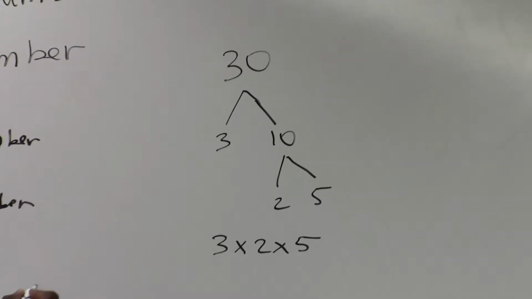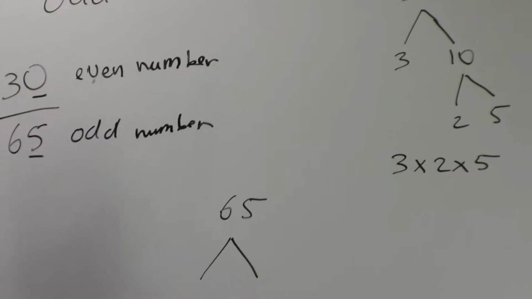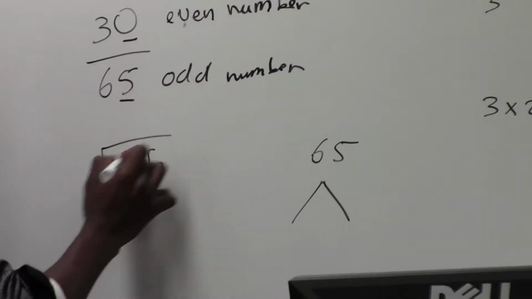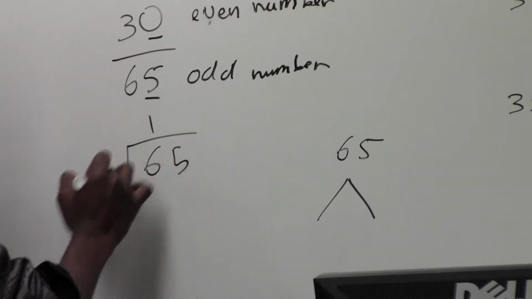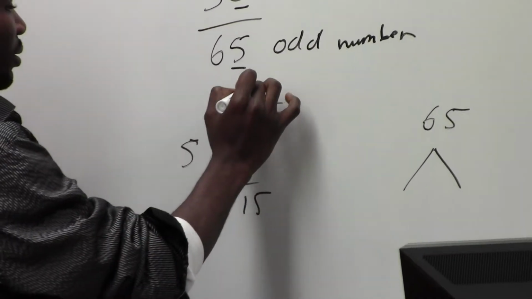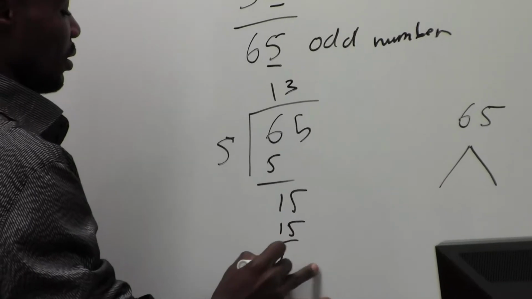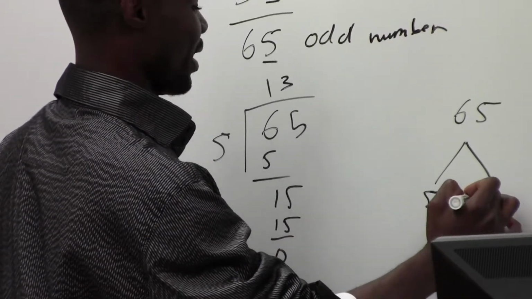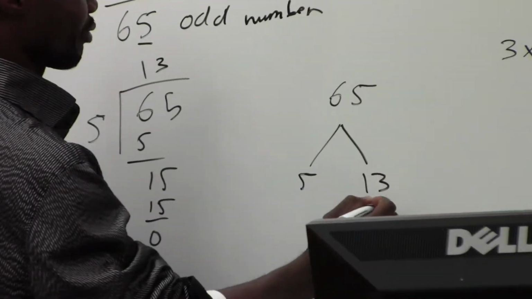And then when we take 65, you can divide 65 by 5, and you get 13. And this is a prime number.